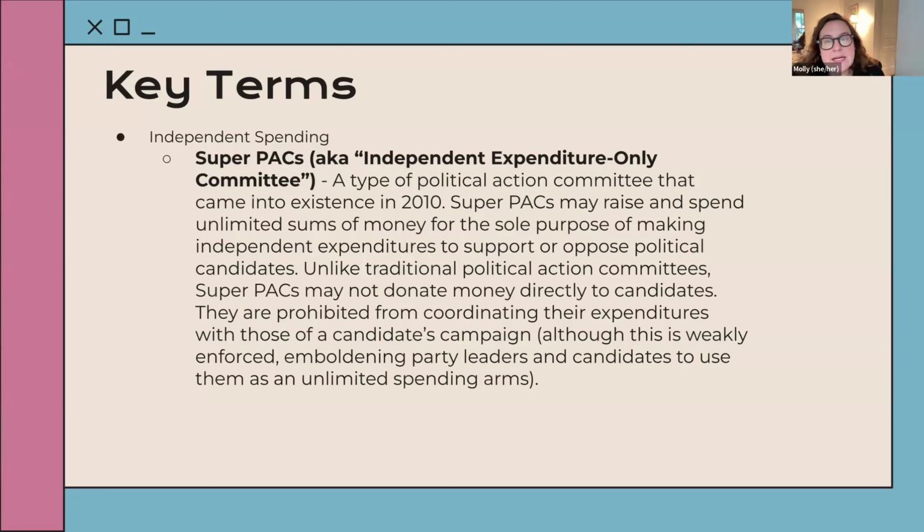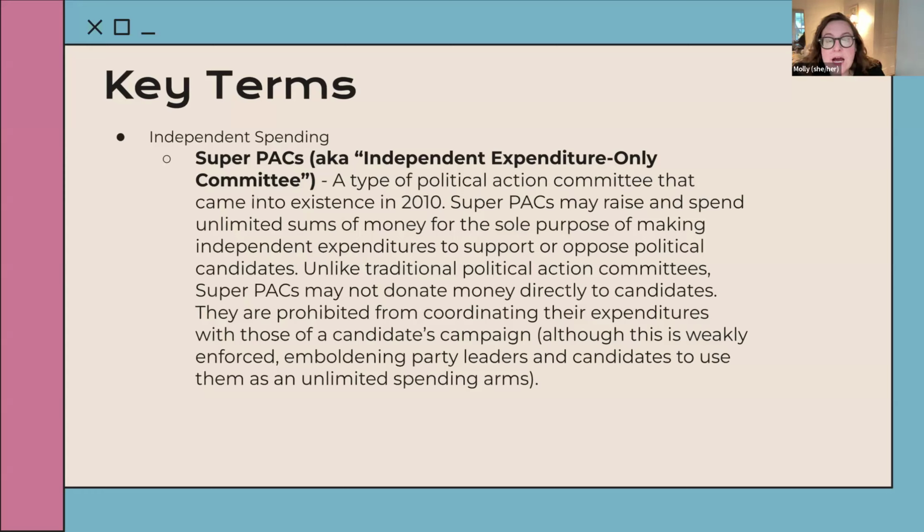That is a type of PAC that came into existence in 2010 after Citizens United. Super PACs are allowed to raise and spend unlimited sums of money. So there are not limits on how much they can raise and spend, unlike in a lot of those other types of contributors. They can only make independent expenditures to support or oppose political candidates.